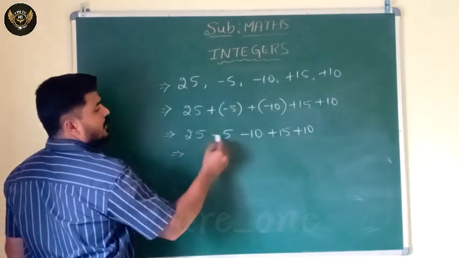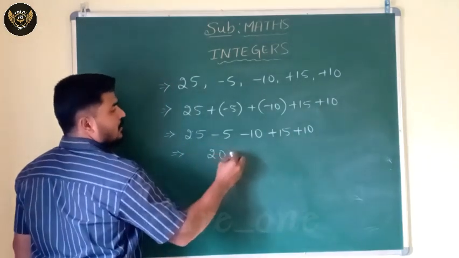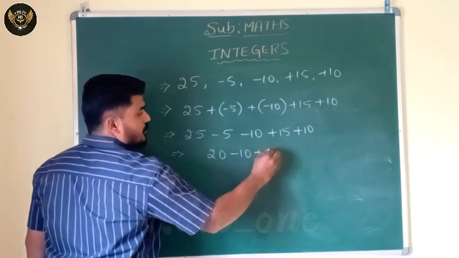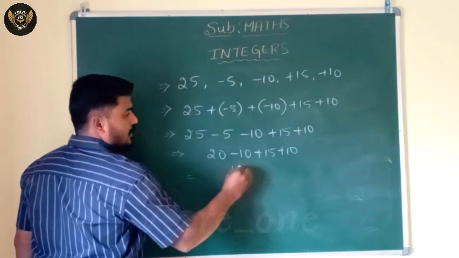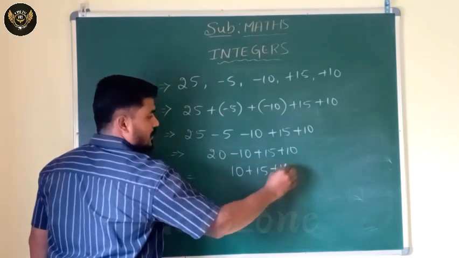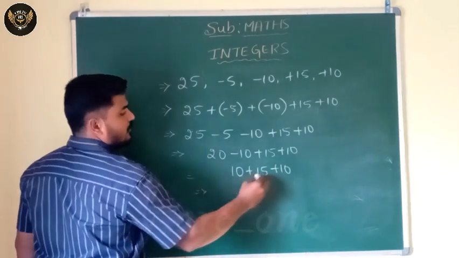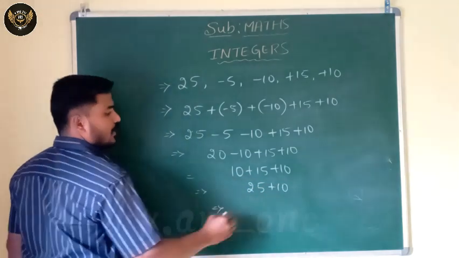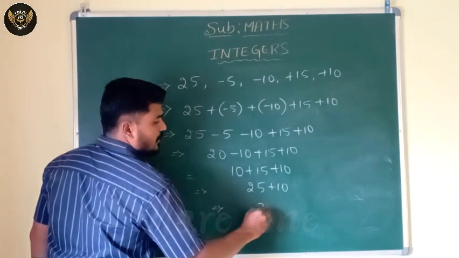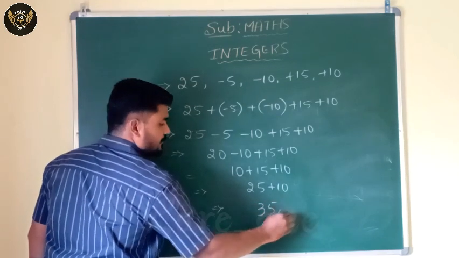Now 25 minus 5 is 20, minus 10, plus 15, plus 10. Again 20 minus 10 is 10, plus 15, plus 10. Again 10 plus 15 is 25, plus 10. Finally the total score of Jack is 25 plus 10, which is 35.